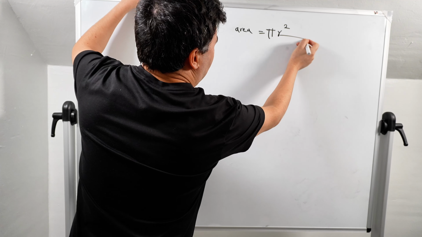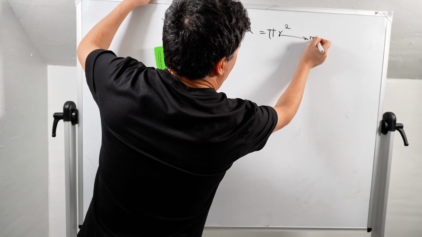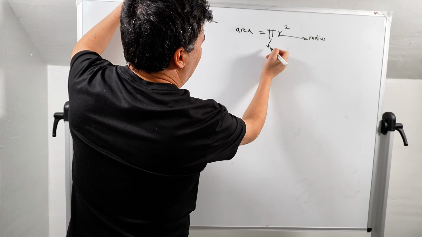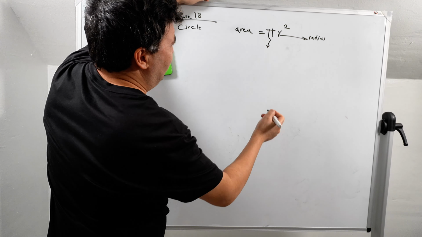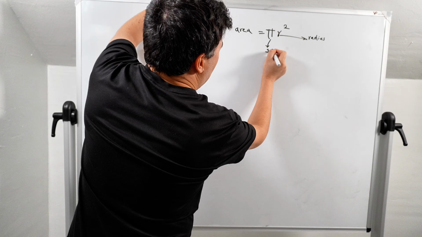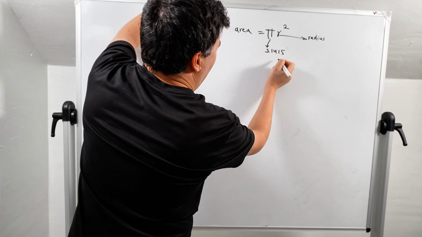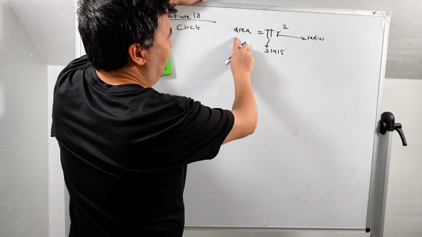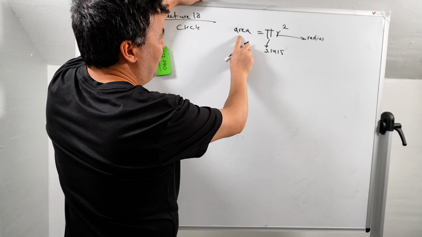This r is the radius of the circle, and pi is a constant in math, whose value is 3.1415. This is the formula for calculating the area of a circle.